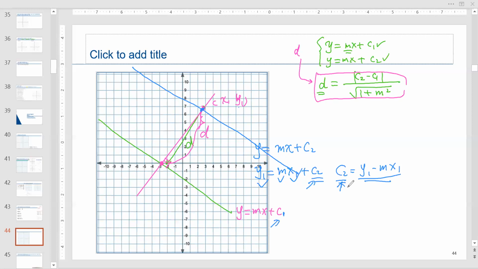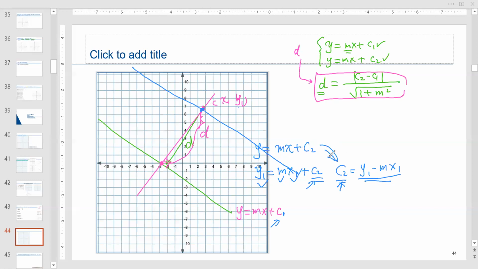Okay, so we use the same approach. We know this is one of the linear lines, and this is the second linear line, right? So for the distance between these two parallel lines, we transfer the dot to a line, turning it into two parallel lines and the distance between them. So actually, you can see this blue line, we know y equal mx plus c2, right?